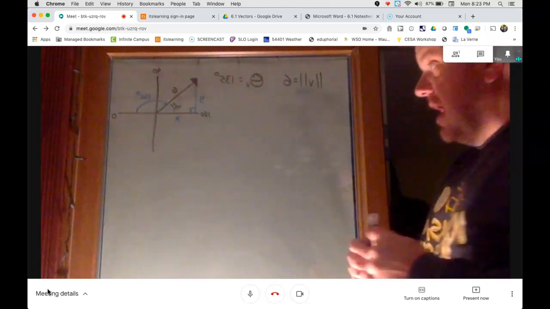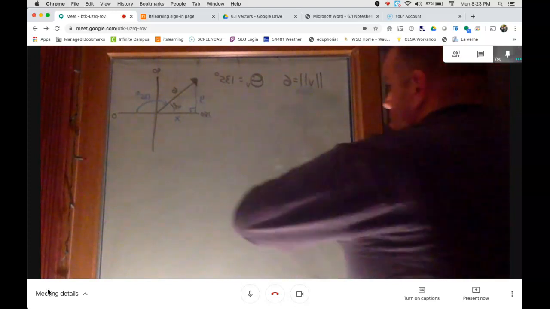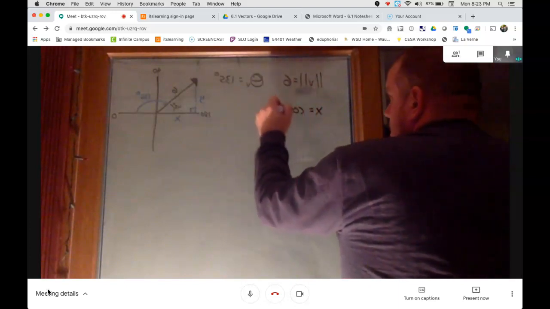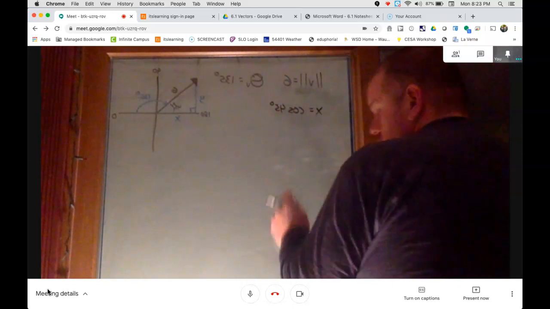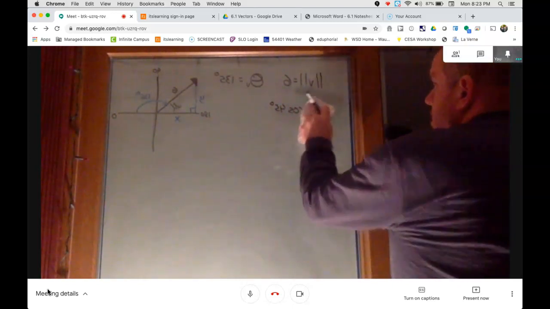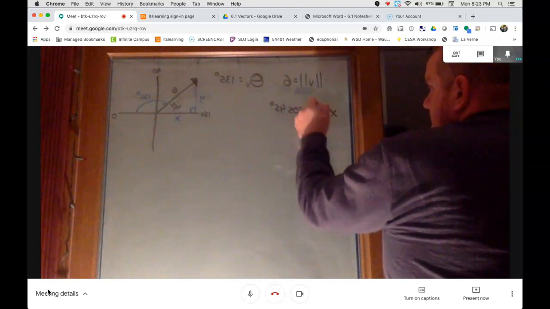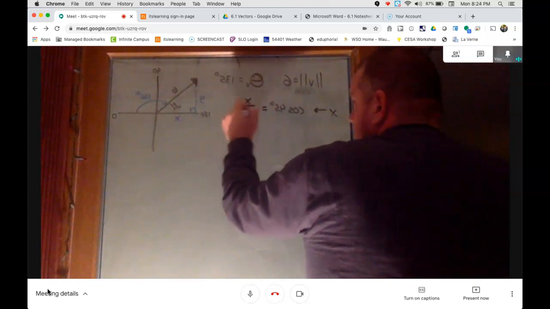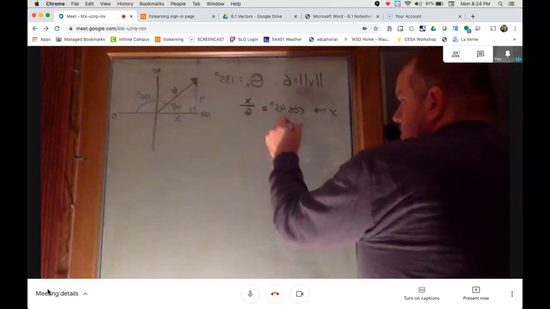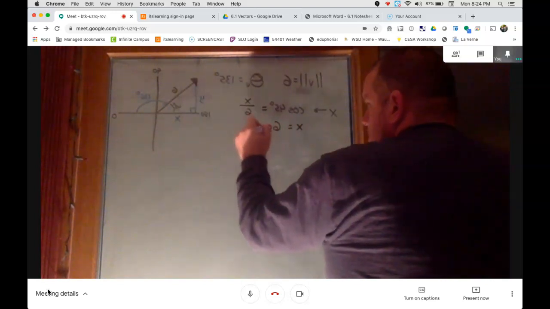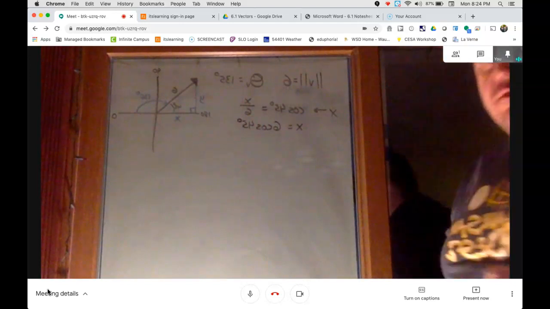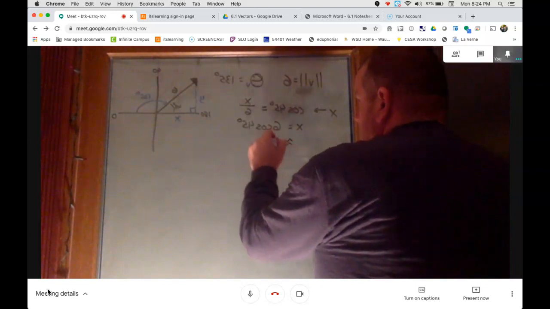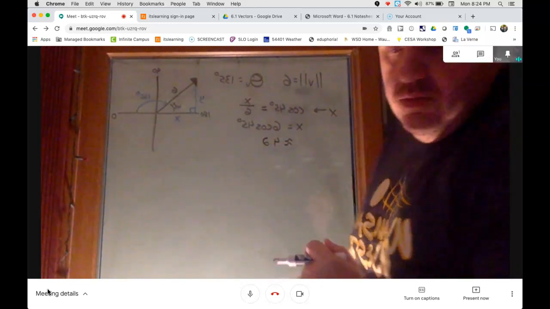That means that I can find my x value by saying the cosine of 45 degrees is x over 6, or x is equal to 6 cosine of 45 degrees, which is approximately 4.243.